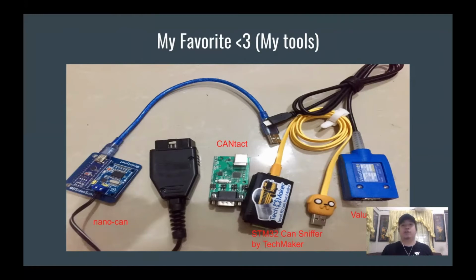And then for the ValueCAN 4, it costs like $160 or $170. It's really a good tool compatible with Vehicle Spy, which is an enterprise tool for practicing CAN hacking.